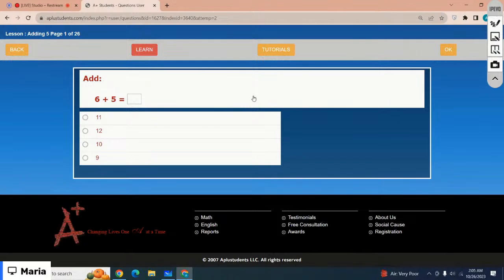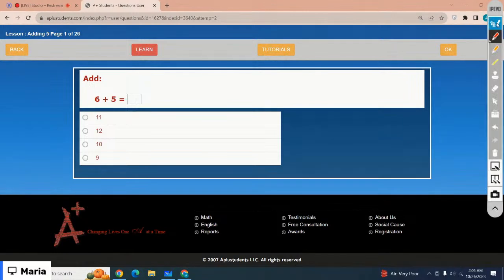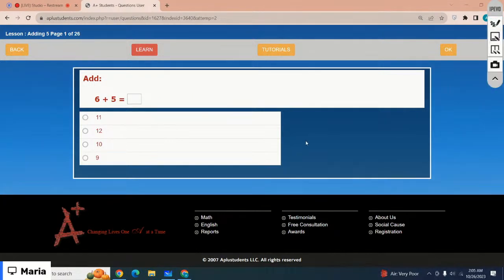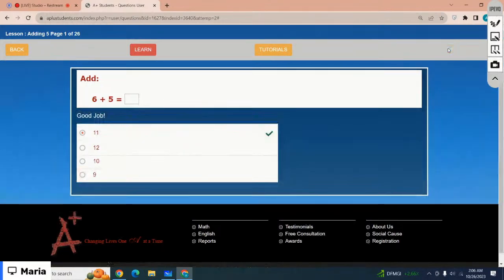Start with 6 and count forward 5. 6, 7, 8, 9, 10, 11. So 6 plus 5 makes 11. The correct option is 11. Got it? 6 plus 5 makes 11.